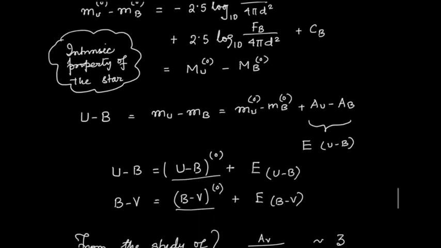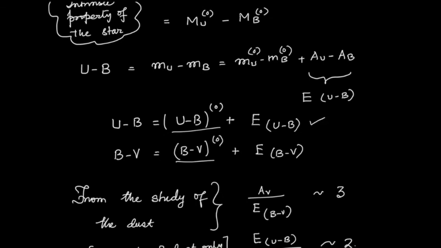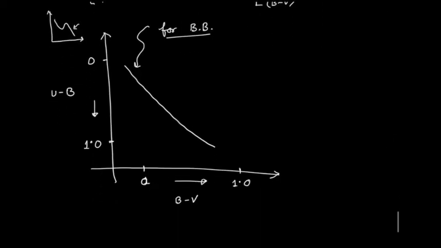The dust will increase both the color excesses, because extinction in U is more than V and extinction in B is more than V. So as both of them increase, I have to add something to both of these. So if this is the star that I am trying to look at, it will go down a little bit, and it will go towards the right also, and usually it moves more to the right, so it will land up here.